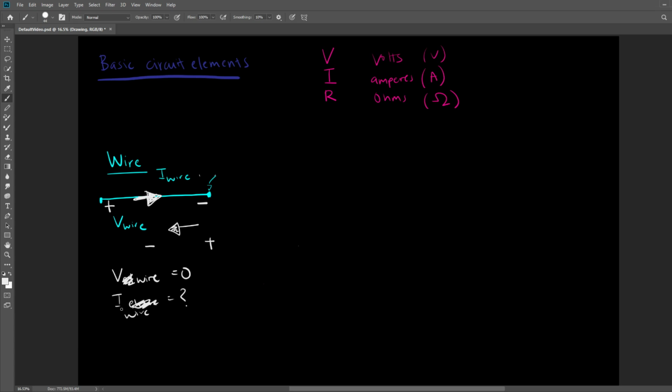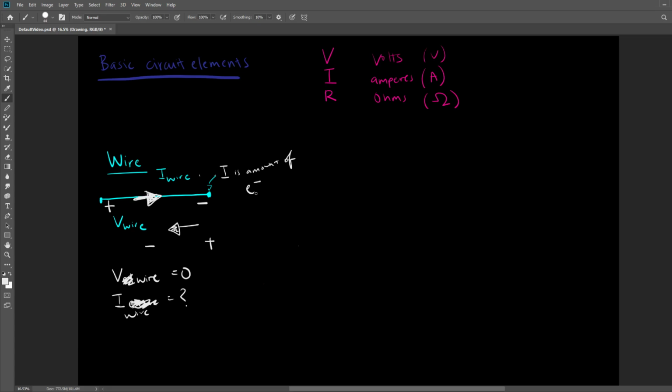Well, all that means is there's this current, so the I is current, which is kind of the amount of electrons that are flowing across this wire.